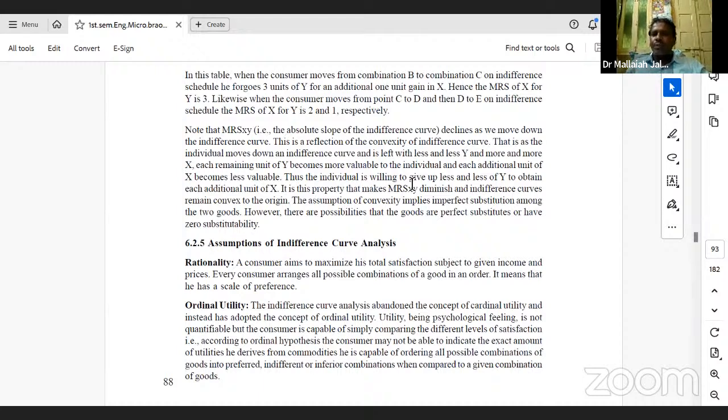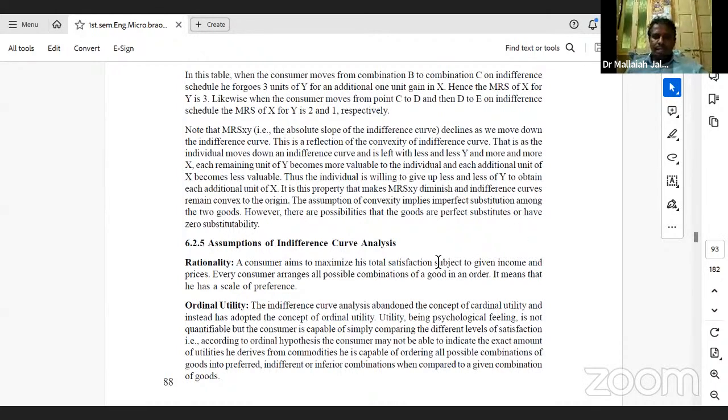If I am spending 1 rupee or an extra 1 rupee, from that extra money I have to get the maximum level of satisfaction. Every consumer, if they are going to spend some amount of money, has to get the maximum level of satisfaction from that money. He thinks like that. That is what we call rational behavior.